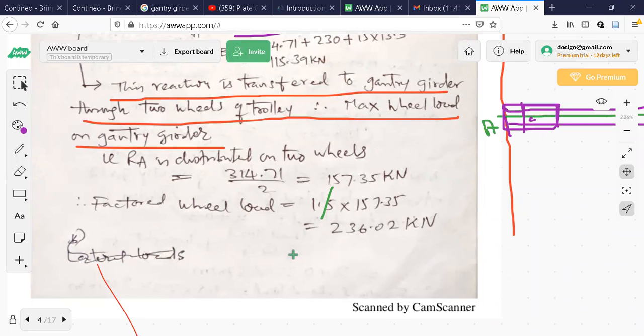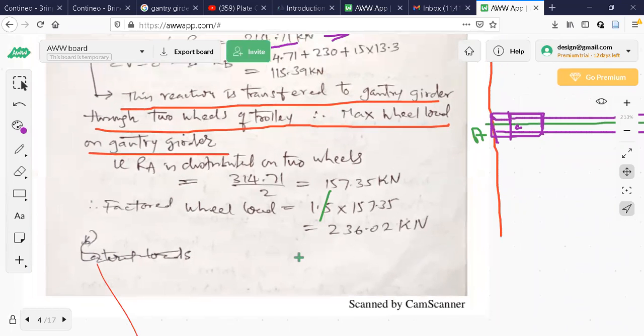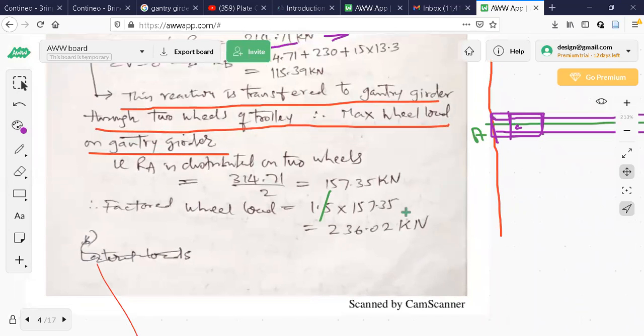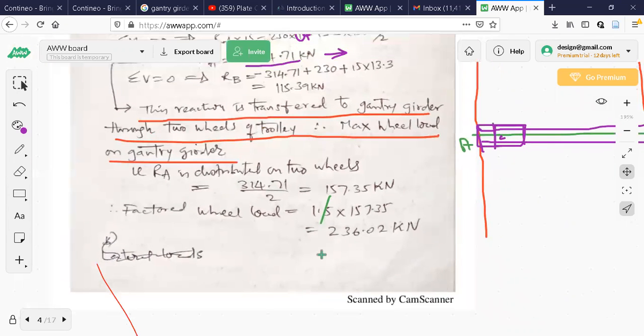Crane girder moves along the red line. That is, the red line is the gantry girder. So these 2 point loads can be anywhere depending upon the new position of the weight, the box to be lifted. Anywhere it can be, no? These 2 point loads can be anywhere on the red line. I have to decide for which position there will be maximum bending moment in the gantry girder.